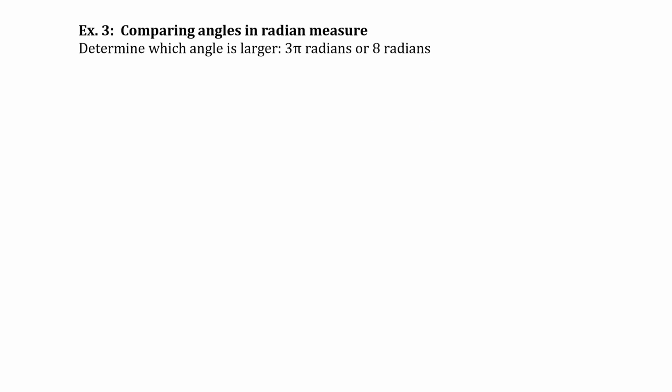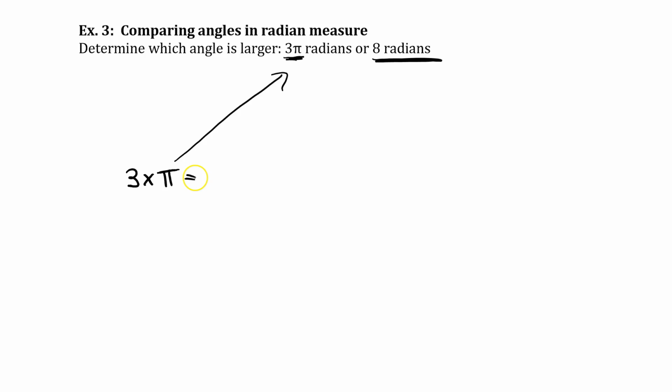Comparing angles in radian measure. Determine which angle is larger, 3 pi in radians or 8 radians. So embedded in this one right here, we have 3 pi. So in order for us to really know what that is, I'm literally going to say 3 times pi in my calculator. 3 times pi.